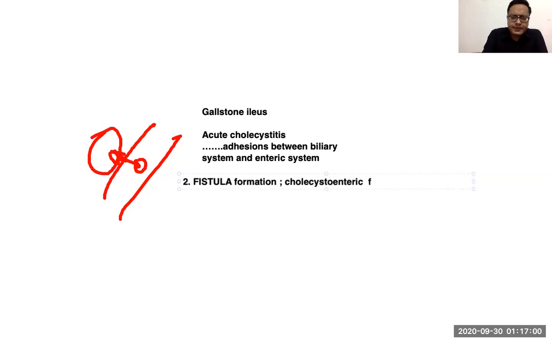So this abnormal channel is created between the intestine, particularly the small intestine, and the gallbladder, the biliary system.